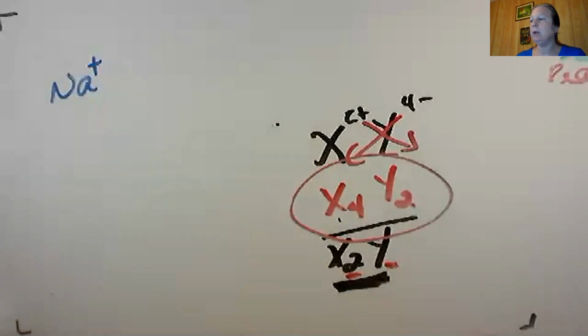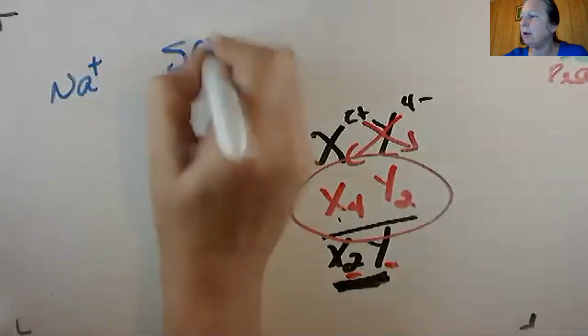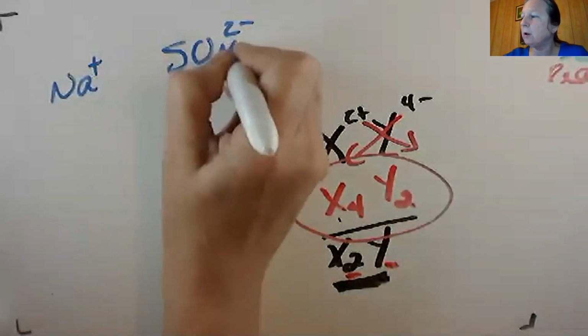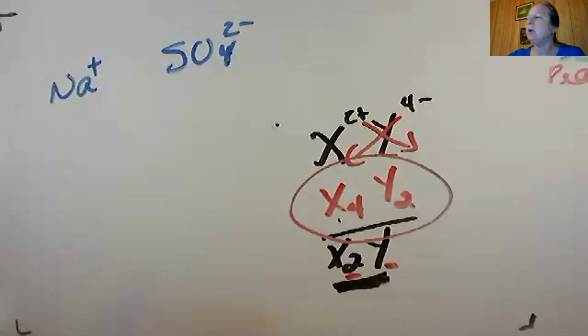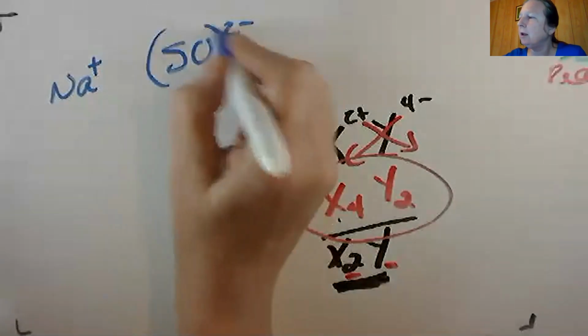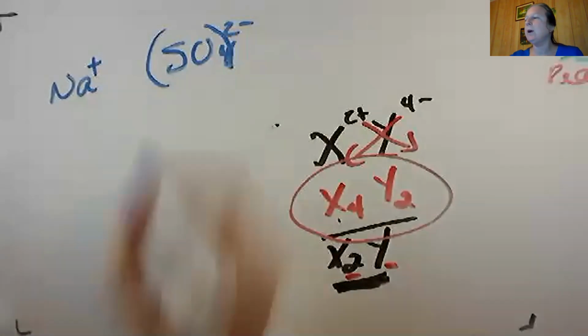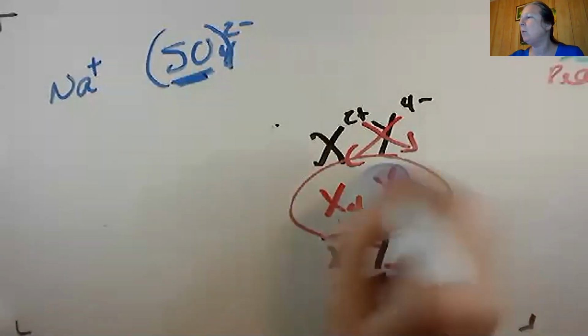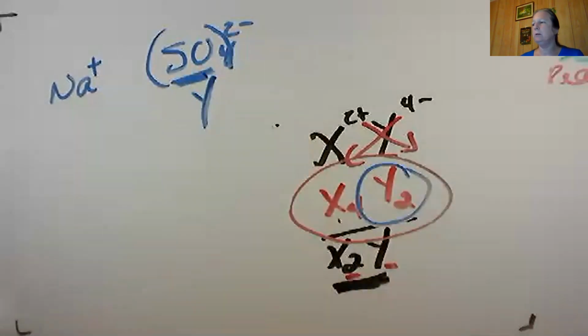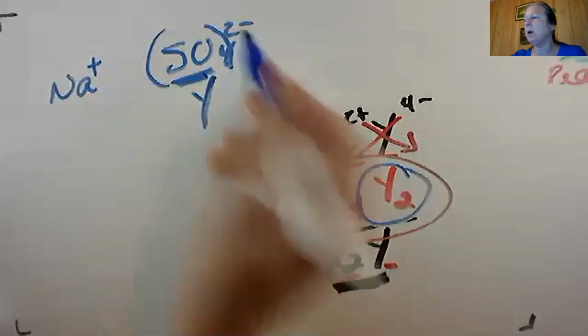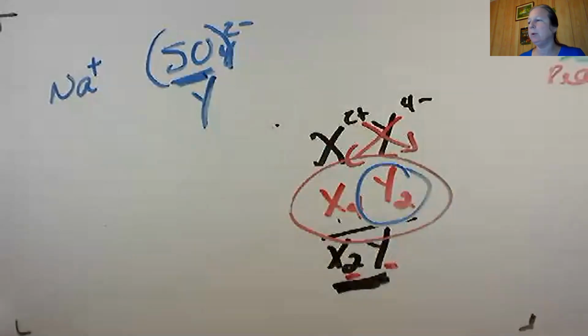You have sodium, but then you have this polyatomic ion here. That's SO4. The entire thing has the 2 minus charge on it. It travels as a unit. So treat it like Y. This is the same thing as a Y 2 minus. Y was my little made up example here.